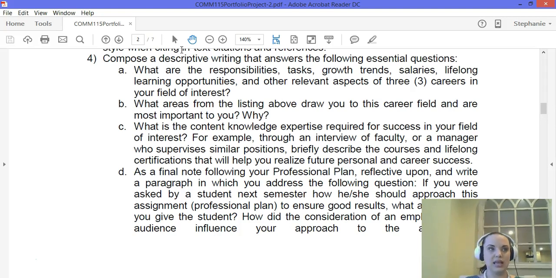Let me give you the example of if you're going in medical billing and coding. Because medical billing and coding is such a specific field, the careers might be like this. You could use medical billing and coding and work for a private doctor's office.